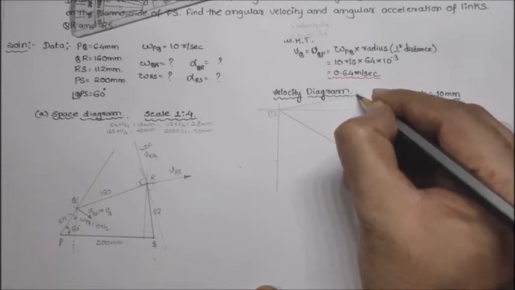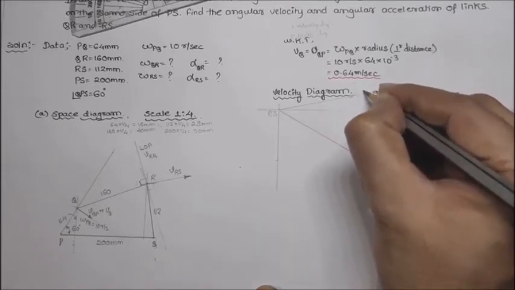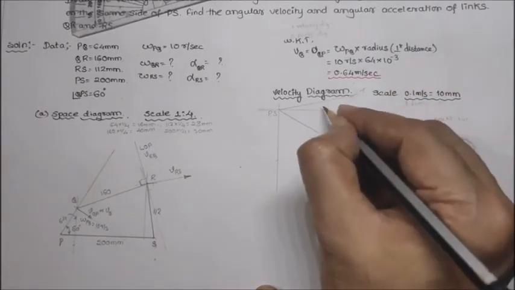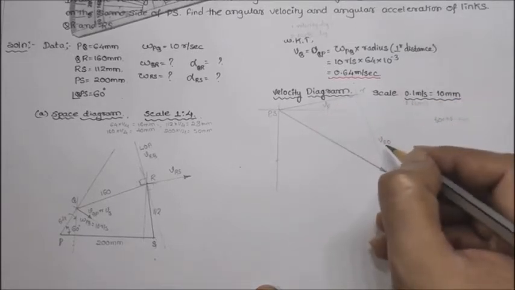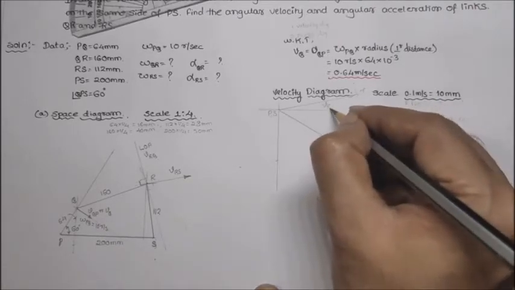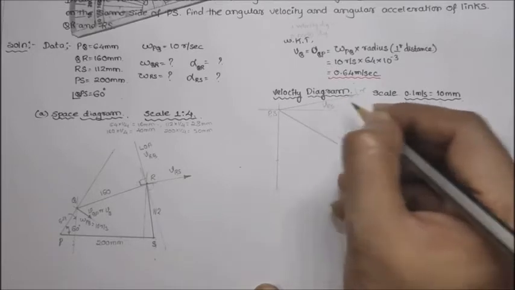So this is point here. So this point we call it as r. Okay, this is velocity of r. This is velocity of r on q. This is velocity of r, or r on s also.